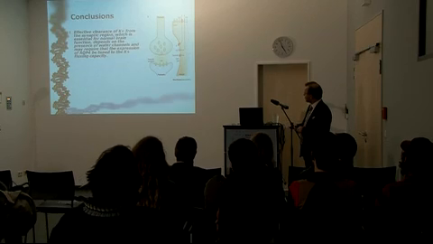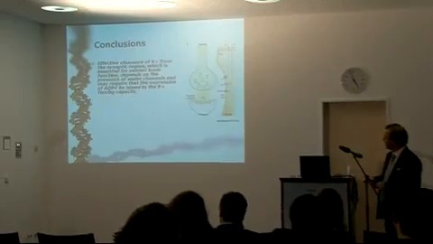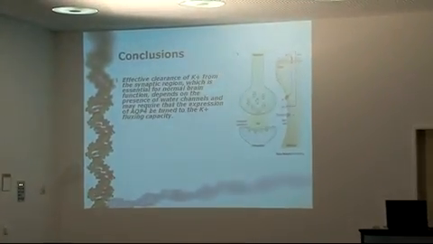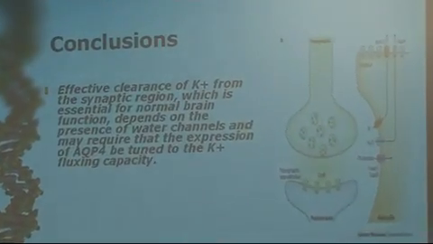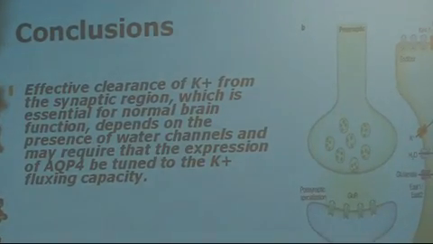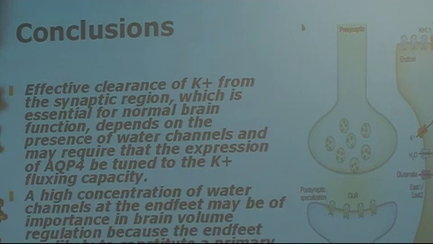So the conclusions are, when it comes to the physiological function of Aquaporin 4, that efficient clearance of potassium from the synaptic region depends on the presence of water channels and also may require, as we have been discussing, that the expression of Aquaporin 4 be tuned to the potassium fluxing capacity.